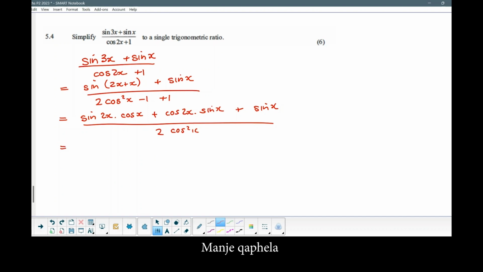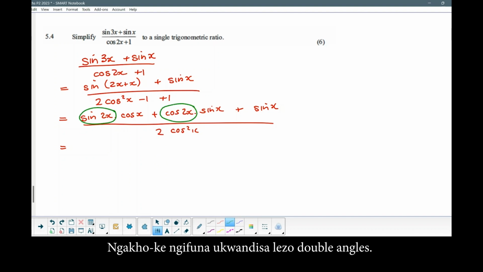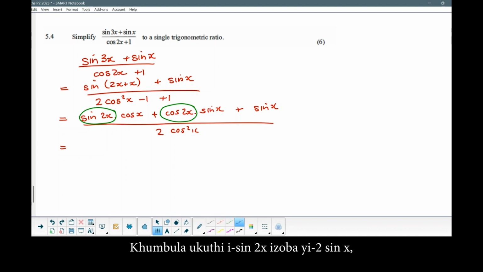Right, let's look further. Now notice that there's a double angle here and a double angle there. So I want to expand each of those double angles. I'm going to leave the cos 2x for a while just to see what happens after I deal with the sine 2x. So remember, sine 2x will become 2 sine x cos x.